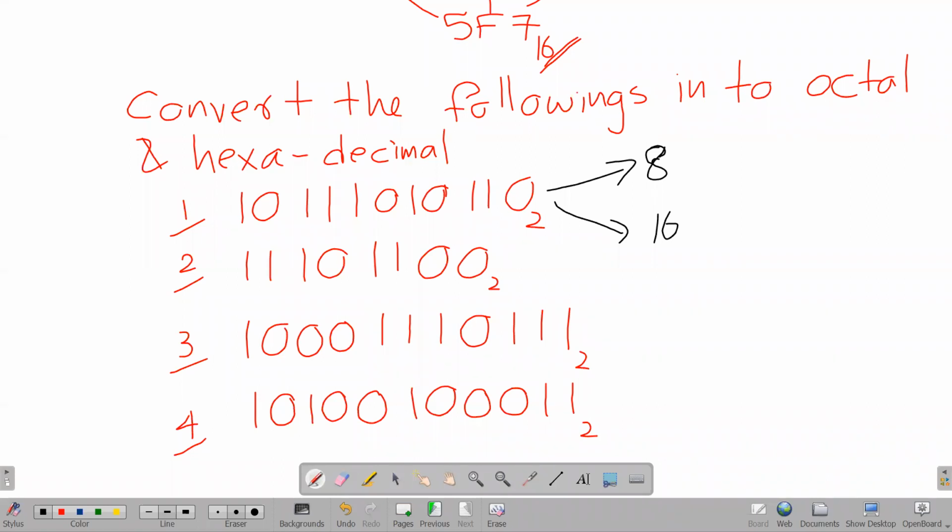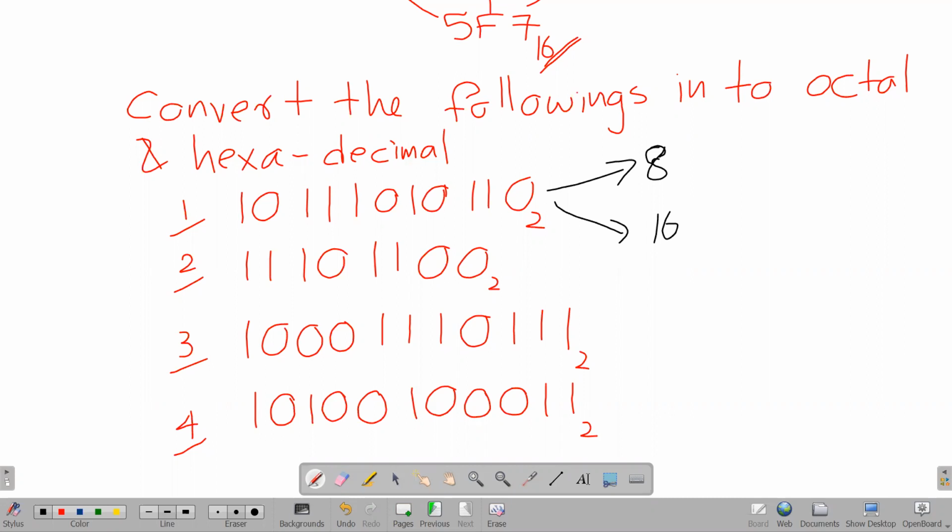Yes, that is correct. Second one, yes, that is correct. Mihini, third one. Yeah, that is correct. And Sanushi. Yeah, first one is correct. Second one is correct. Third one, there is a problem in the hexadecimal conversion, right?